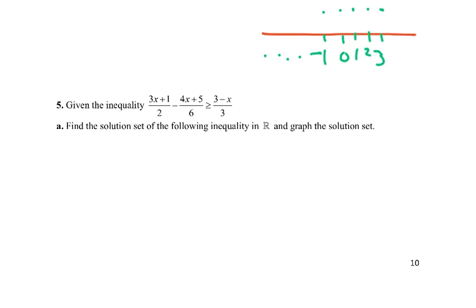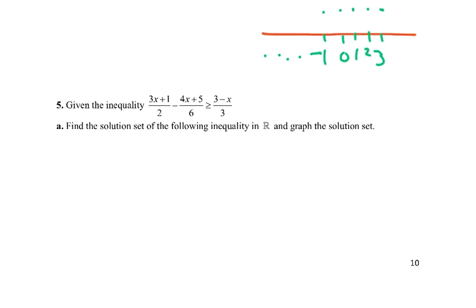Question 5 then is a classic mistake opportunity with this minus, so be very careful. My method then would be to multiply both sides by 6, just so we can get rid of the values in the denominators, the 2, 6 and the 3. And we know that 6 is a multiple of all 3 of those values.